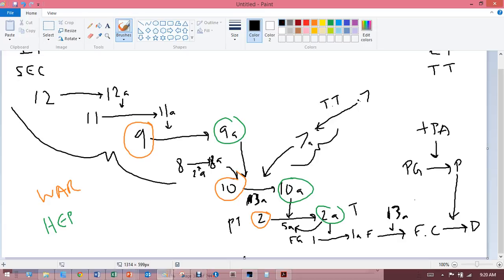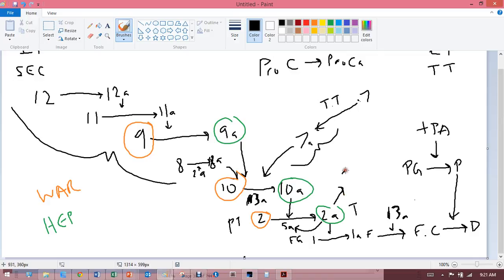There's also something called protein C. Protein C becomes activated protein C with the help of thrombomodulin. So 2A, also known as thrombin, remember prothrombin turns to thrombin.